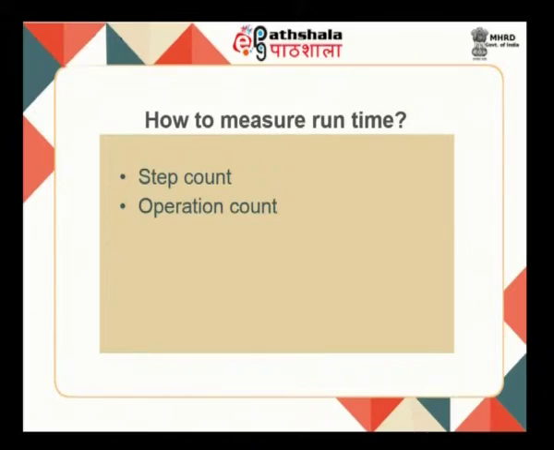One school of thought, based on the Ullmann study, is that step count is the basis of algorithm analysis. In other words, given an algorithm, we have to calculate how many steps are there in the algorithm, and the complexity of the algorithm is based on the step size. That is what the Ullmann school of thought says.